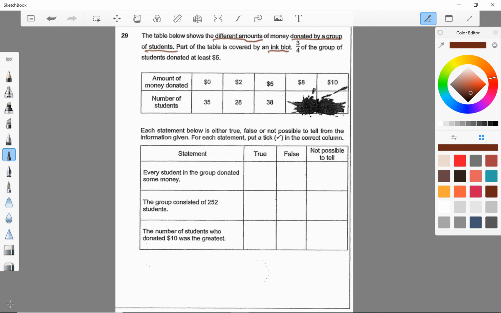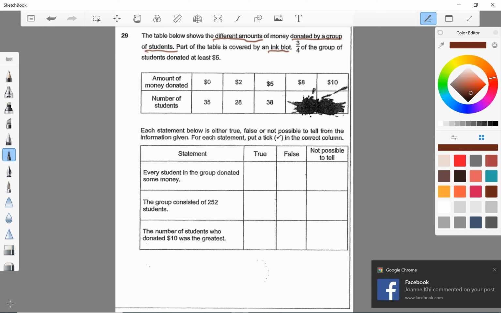And it is said that 3/4 of the group of students donated at least $5. So this is the actual key phrase that will decide whether the three statements below belong to true, false, or not possible to tell.